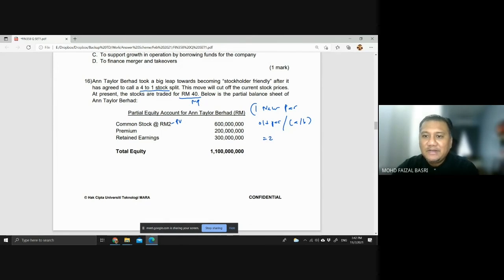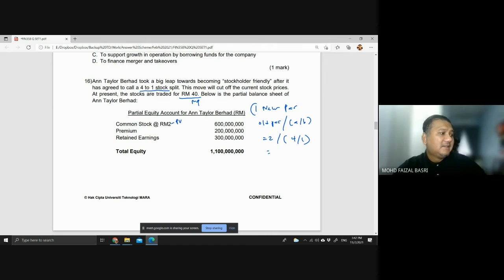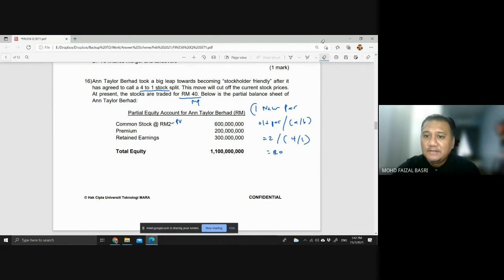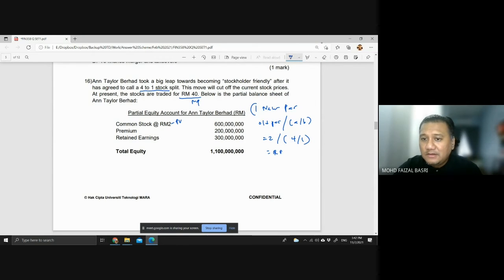So RM2 bahagi 4/1. So tu divide by 4 lah basically. What, 0.5? So the new par would be 50 cents. So drop daripada RM2 to 50 cents.